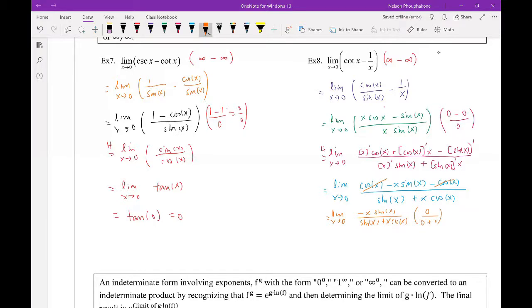So apply another L'Hopital rule now. So I will have negative of the derivative of x sine x. I just take the derivative then. All over, this one will be cos of x plus cos of x minus x times sine of x.